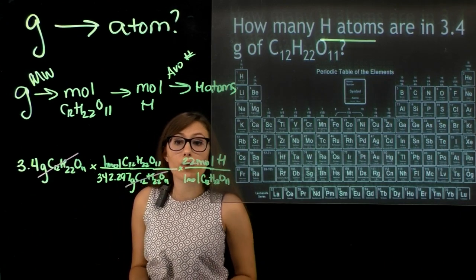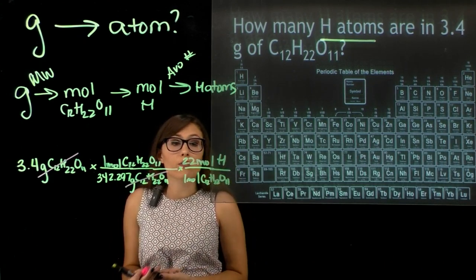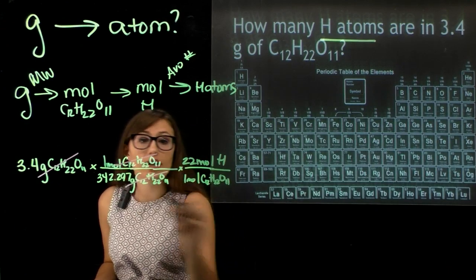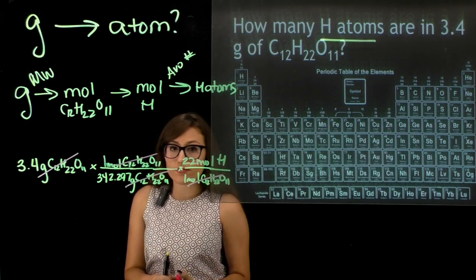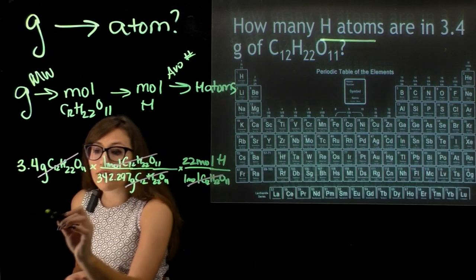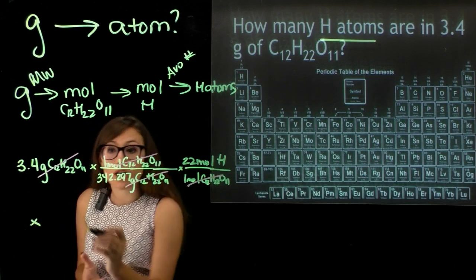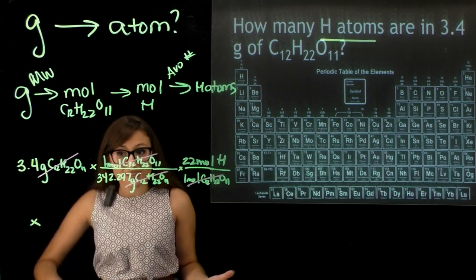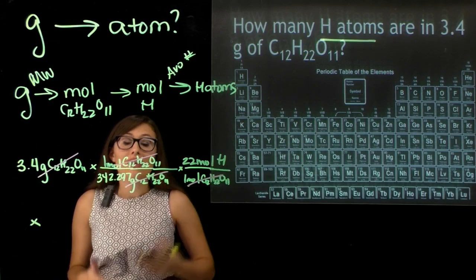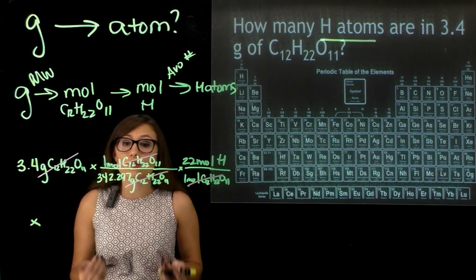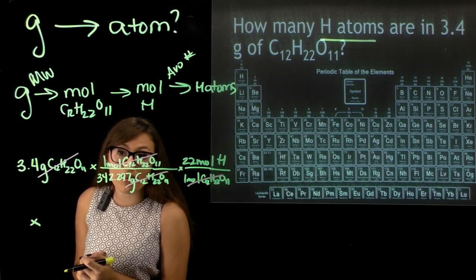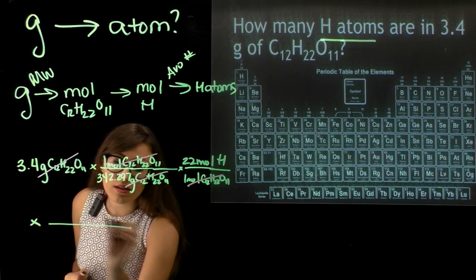Because that's ideally what we want for the end of the problem. We want hydrogen atoms. So we cancel out moles and moles. The next thing that we have to do is multiply by Avogadro's number, which says 1 mole is equal to 6.022 times 10 to the 23rd atoms.